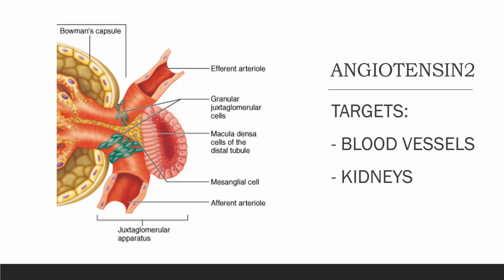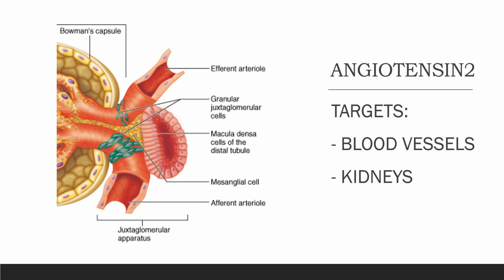Okay. So angiotensin 2. This guy is going to target blood vessels and he targets the kidneys. When he's targeting blood vessels, he's targeting veins and he's targeting arteries. Targeting the arteries is going to increase our total peripheral resistance, because he's a vasoconstrictor.